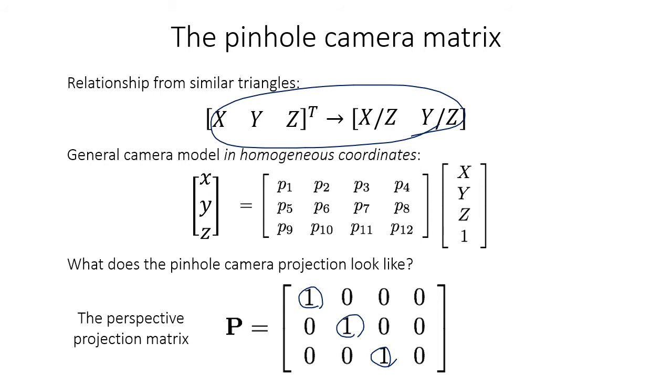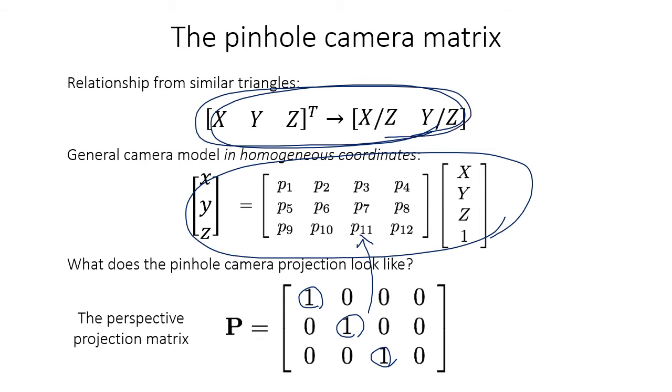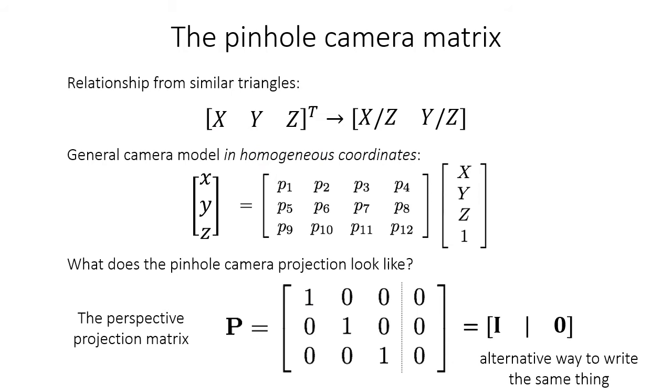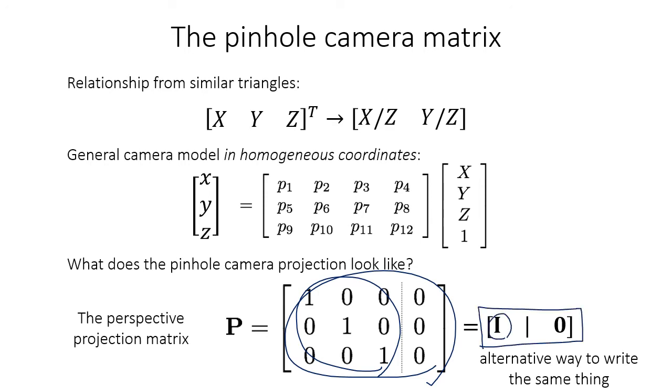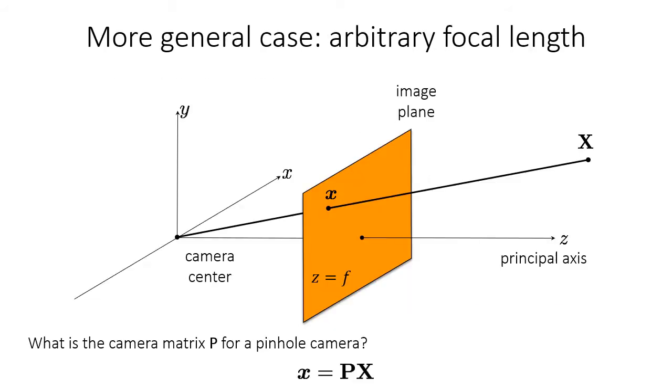When you apply this matrix, this equation is the same as this projection relationship. And because this is a 3x3 identity matrix, we can rewrite this P matrix as I and 0. It is an alternative way to write the same thing.